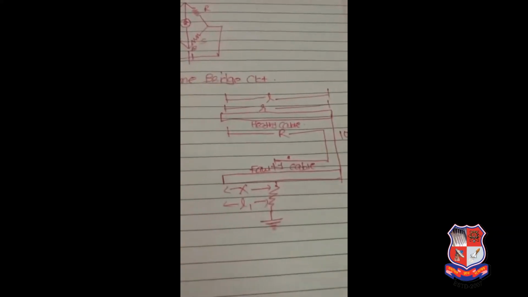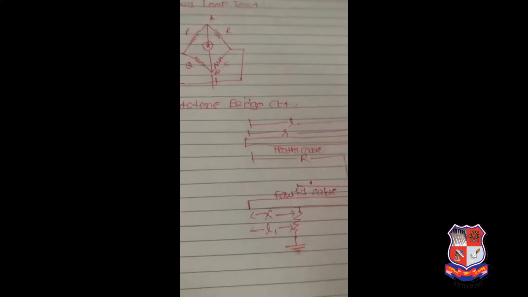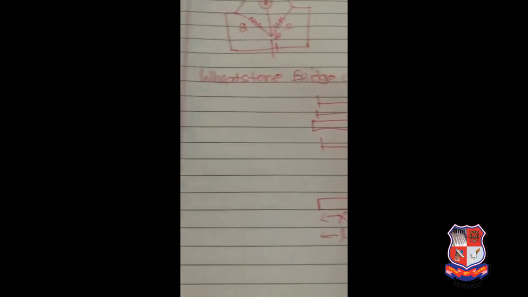Now, add another 2 resistances P and Q for completing the bridge circuit. Here we are connecting a galvanometer between these 2 points.